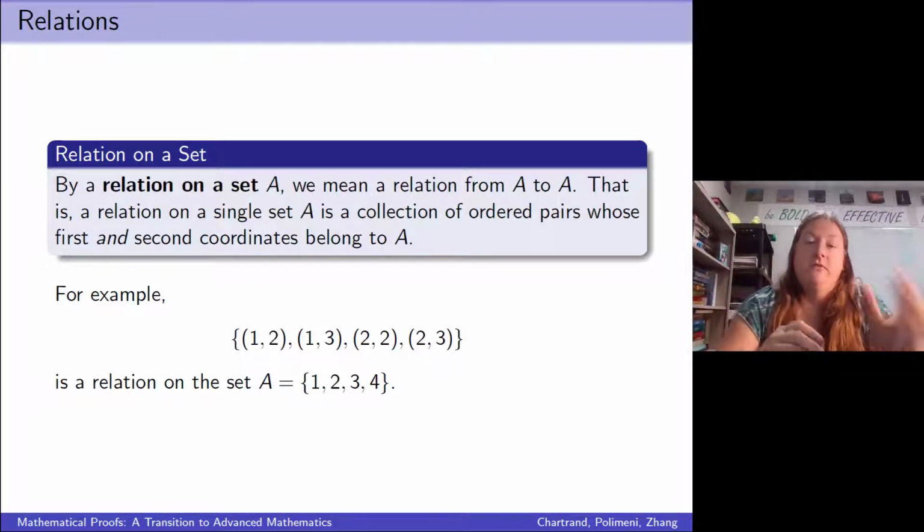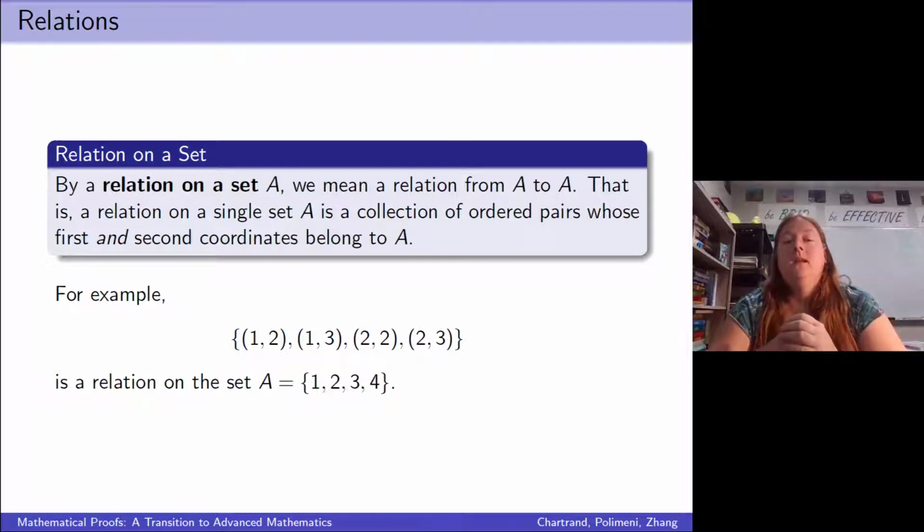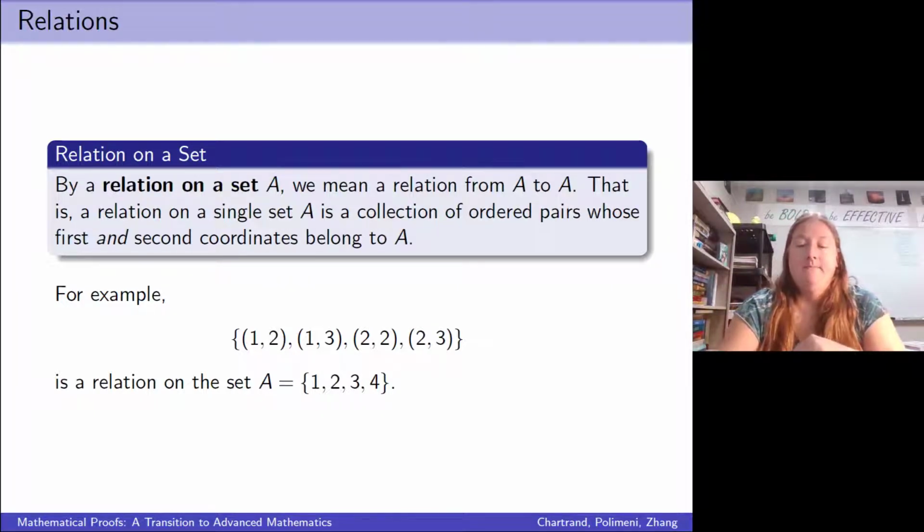So we have a relation from A to A. So what that means is the elements in the ordered pairs that make up the relation are going to have the first and the second coordinates coming from the set A. So if I had the set {1, 2, 3, 4} as my set A, then a relation on A might be the set containing the ordered pair (1,2), the ordered pair (1,3), the ordered pair (2,2), and the ordered pair (2,3).